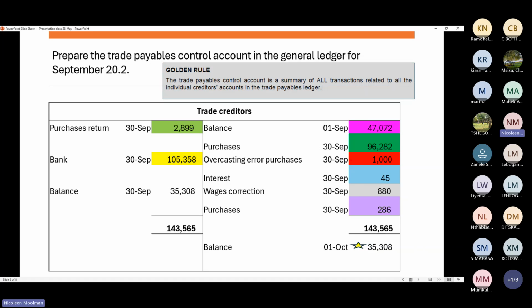So what is important to note here is we now need to make sure that the balance in your general ledger account for trade creditors agrees to your trade payables listing of all your individual creditor accounts.